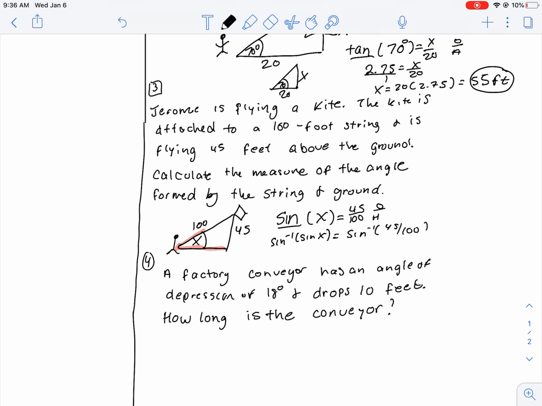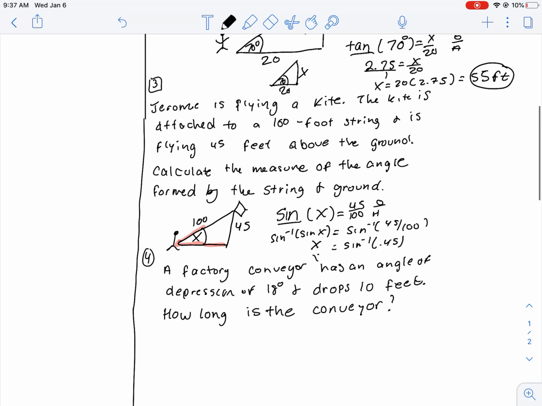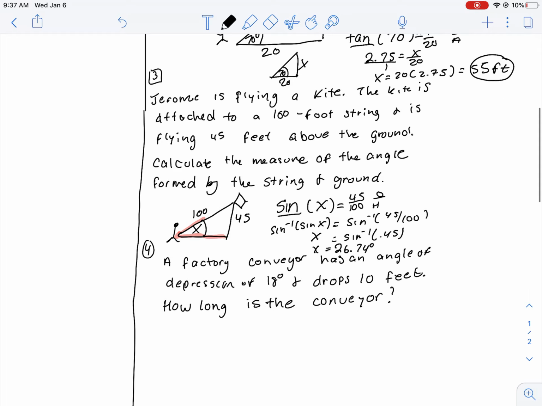So I'm going to do 45 divided by 100 and get the decimal first, which is 0.45. So I'm going to find the inverse sine of 0.45 to get my x. So now I'm going to do second sine here, and so the angle is 26.743. That's going to round to 26.74 degrees there.